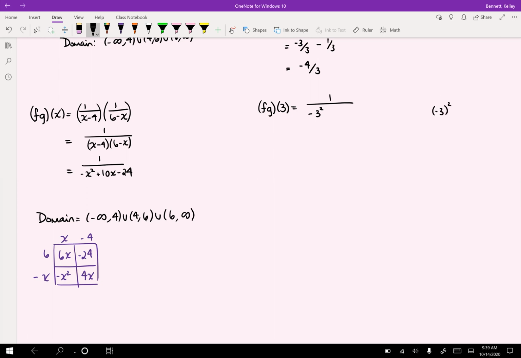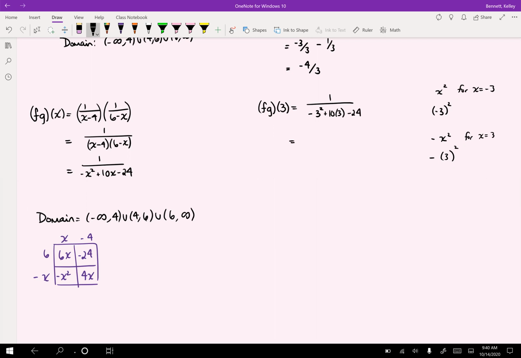That would be x squared for x equals negative 3. This is saying negative x squared. So it's negative, and then whatever your x is, you square it. So they're a bit different. So be careful there. Plus 10 times 3 minus 24.